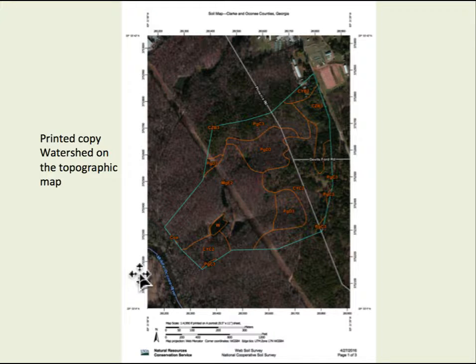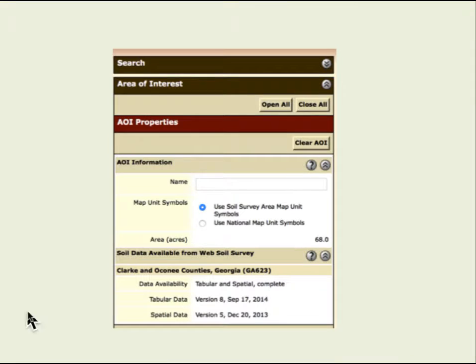If you want to change the image to a hard copy, you can do that as previously identified in the other exercise. And finally, what we have here is we've identified the size of this watershed at 68 acres.